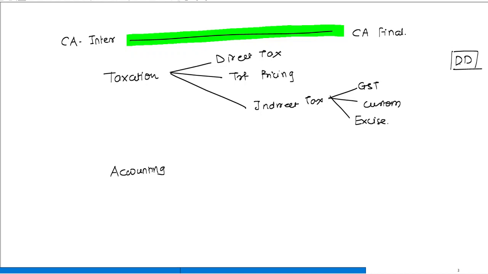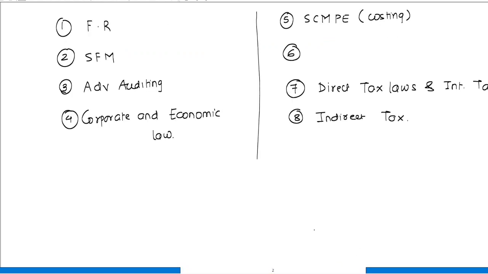So you must have gained this knowledge in your articleship. Now, based on this knowledge, in the articleship only, we normally decide that after becoming a chartered accountant, in which field I am going to practice. So for this purpose, the institute has kept this paper number 6.